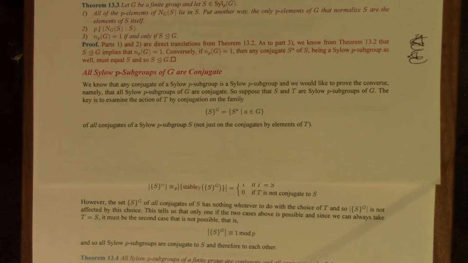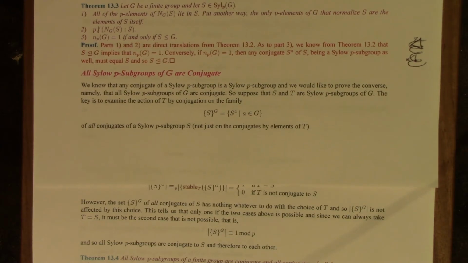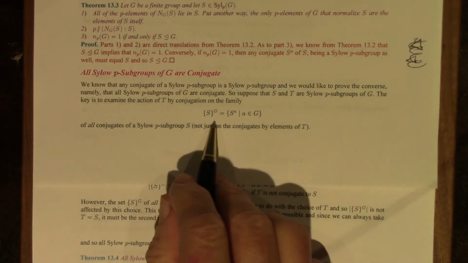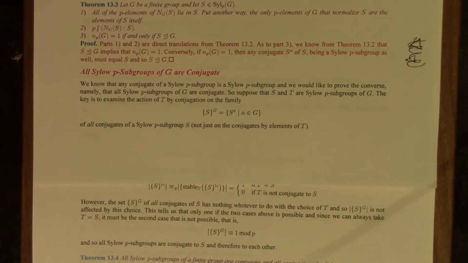This is T acting on the conjugates of S by conjugation. Okay? This is the clever part of the derivation of the Sylow theorems, the proof, to think of this particular action.